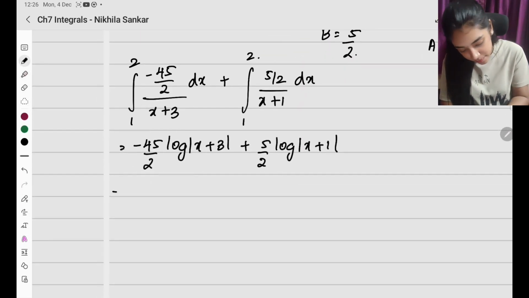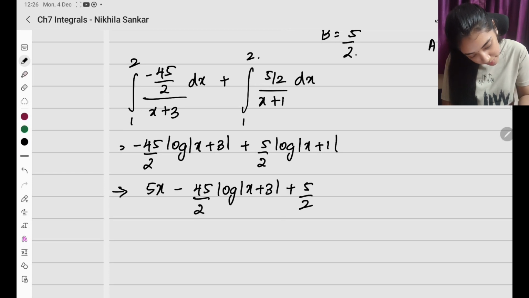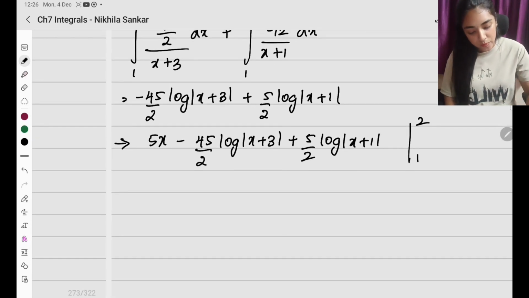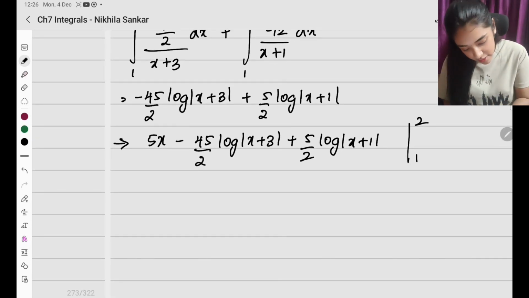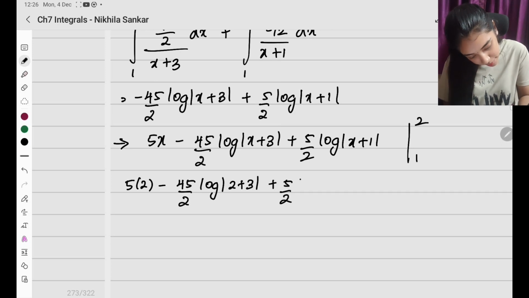So my final now looks like 5x minus 45 divided by 2 log mod x plus 3 plus 5 by 2 log mod x plus 1. Now I need to take the limits 1, 2. When I substitute, what do I have? First f of 2. So 5 times 2 minus 45 by 2 log mod 2 plus 3 plus 5 by 2 log mod 2 plus 1.